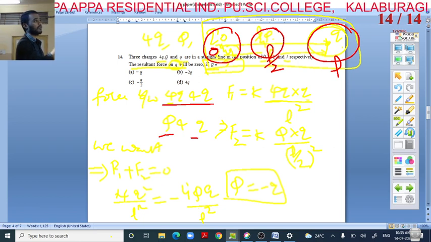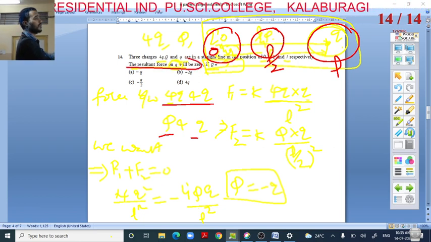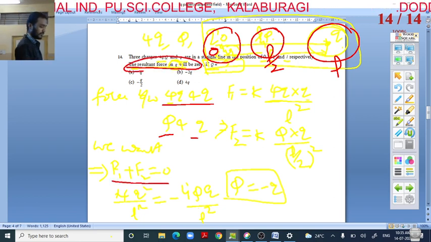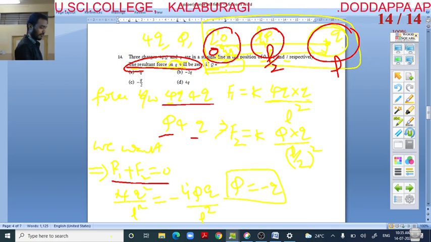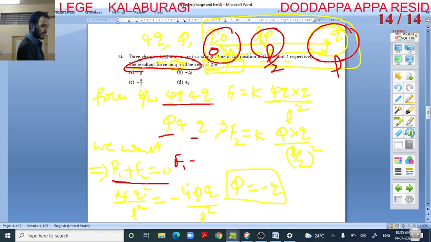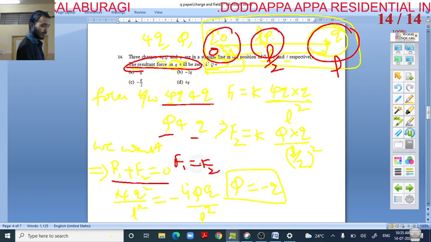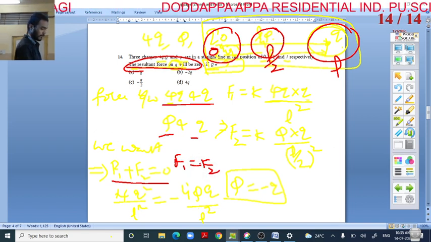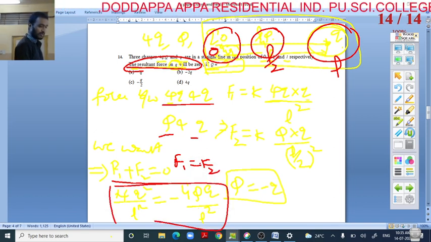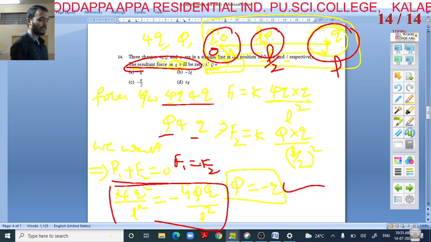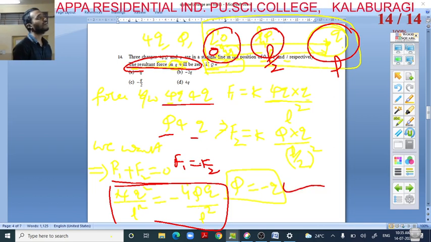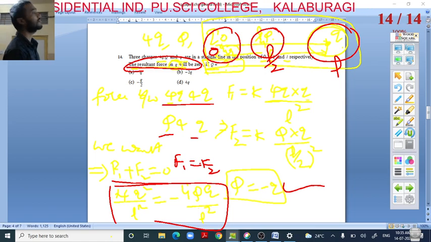As per the question we want the resultant to be 0, so F1 plus F2 is equal to 0, and F1 is equal to minus F2. As per that, we get Q is equal to minus Q here. I hope you are getting this.